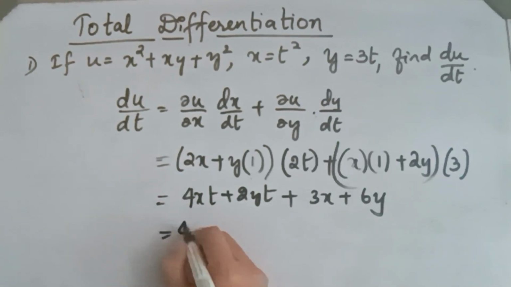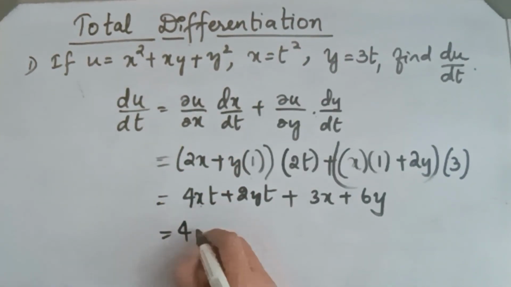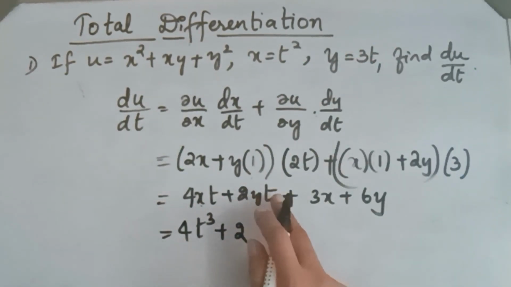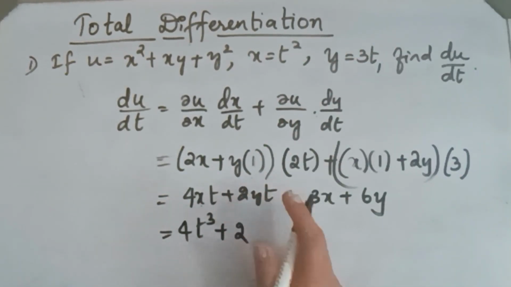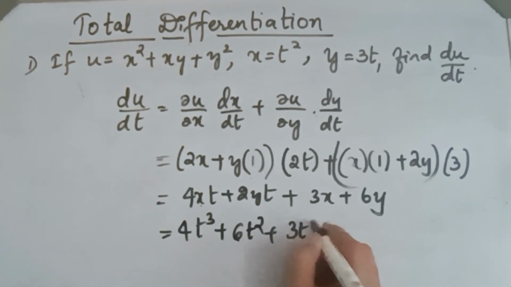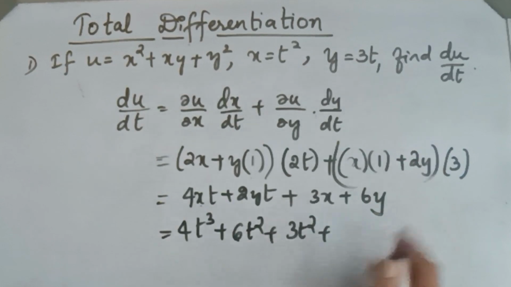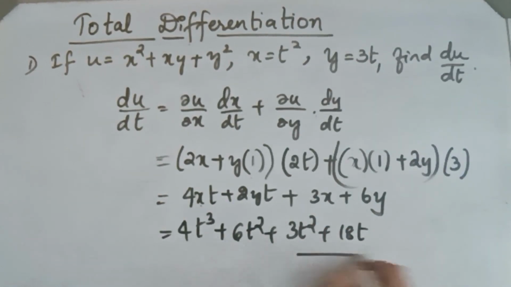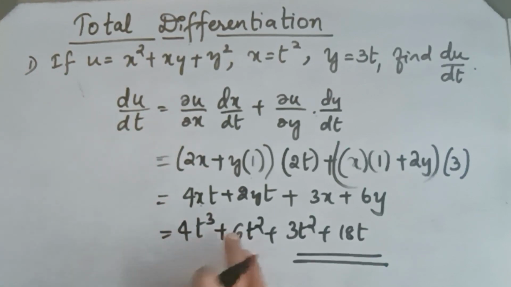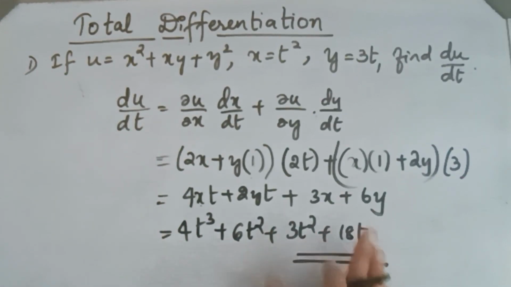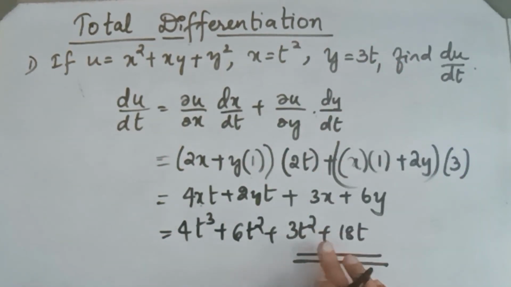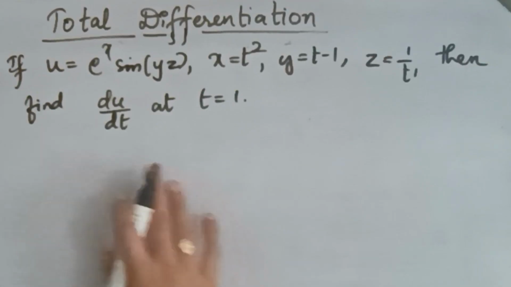So 4 into x means t square into t cube, plus 2 into y means 3t, 3t into t, that is 6t square, plus 3 into t square plus 6 into y means 3t, 18t. So this is the total derivative of u with respect to t. Final answer should be in terms of t, that is by back substituting x as t square and y equal to 3t. Now see the second problem.